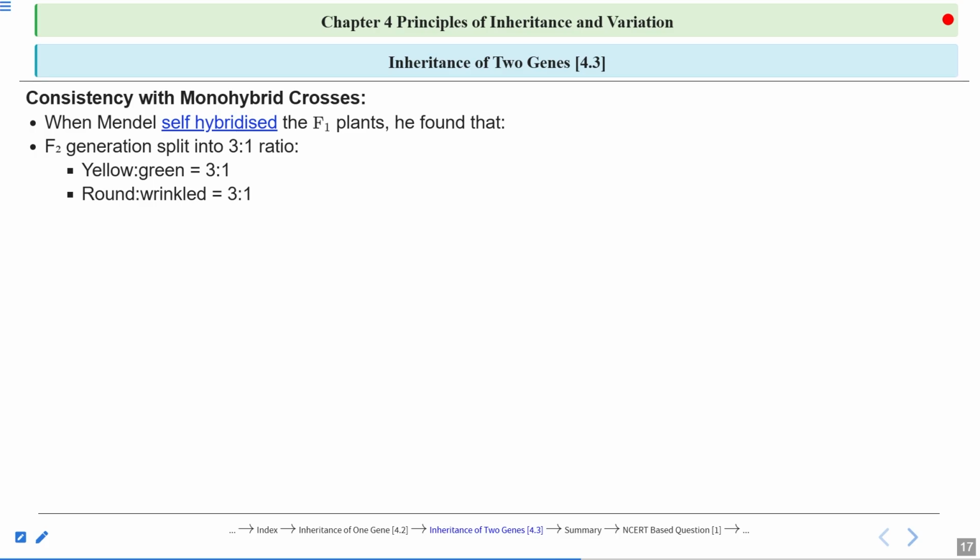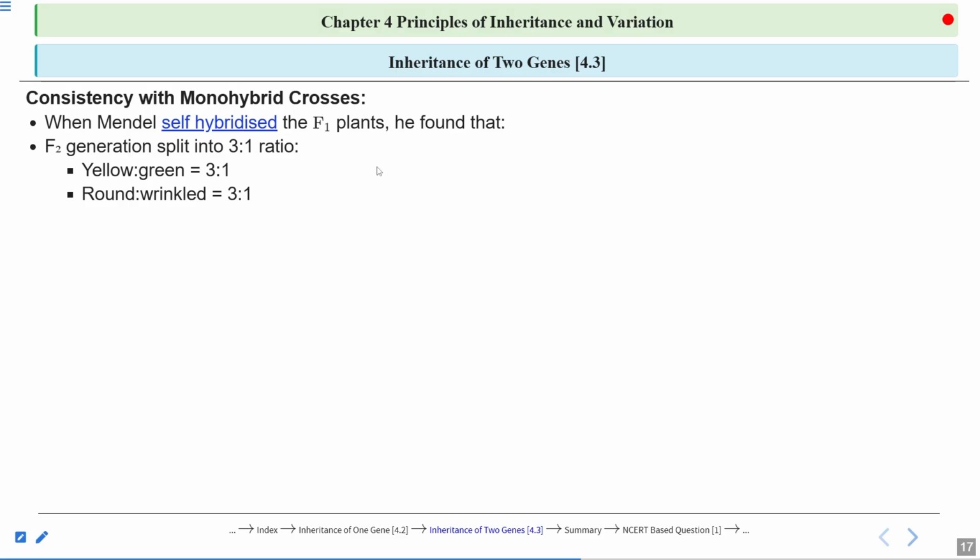Now we were studying the dihybrid cross. Mendel said that the results of the dihybrid cross are consistent with the monohybrid cross. So what he did was a separate monohybrid cross. What do I mean by separate monohybrid cross?